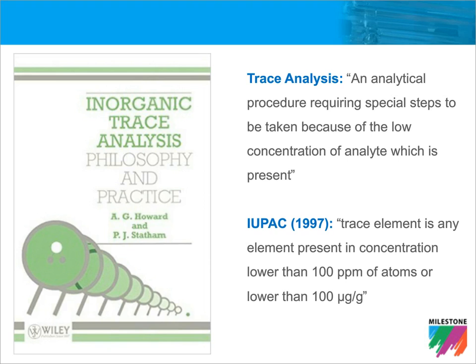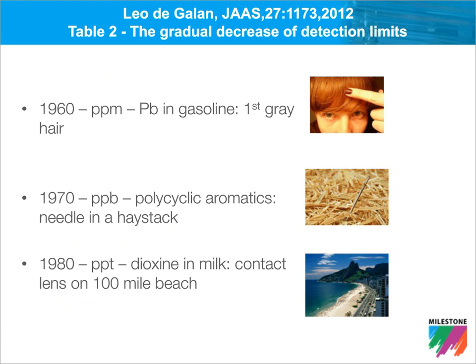A nice view was proposed by De Gallen some years ago in a JAS paper. This author stated that chemical analysis is going down to low concentrations along decades, and we clearly see a route from ppm to ppb and then to ppt.